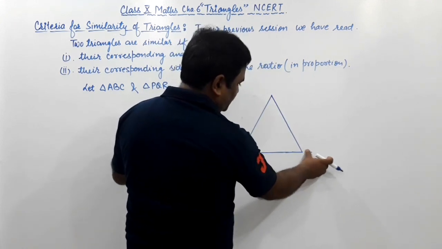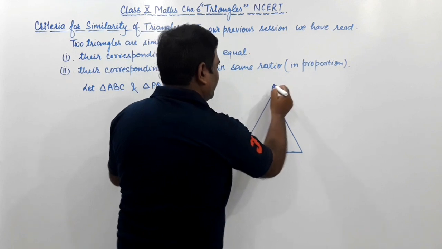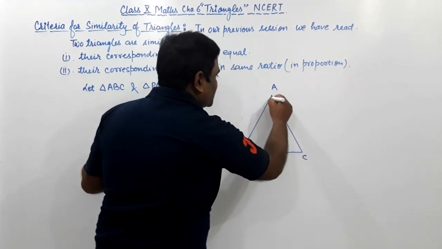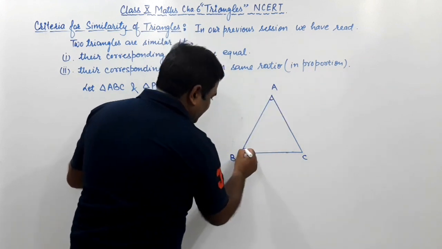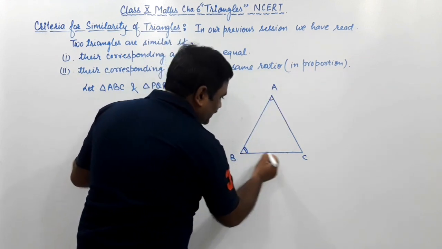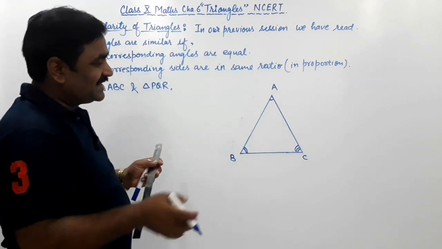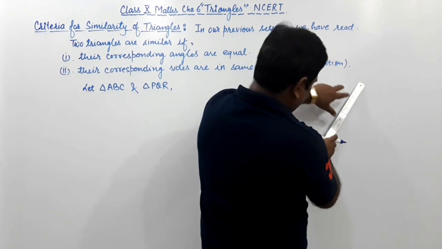It is triangle ABC. This is your triangle ABC. This is angle A, angle B, and it is angle C, right? The second triangle is your triangle PQR.